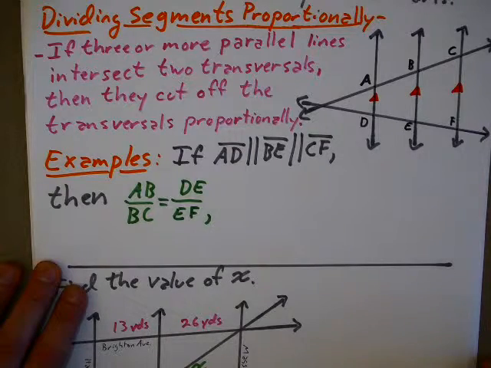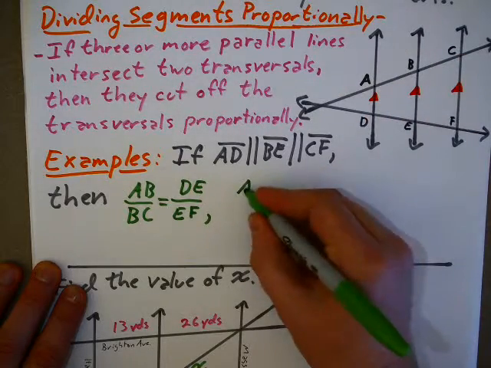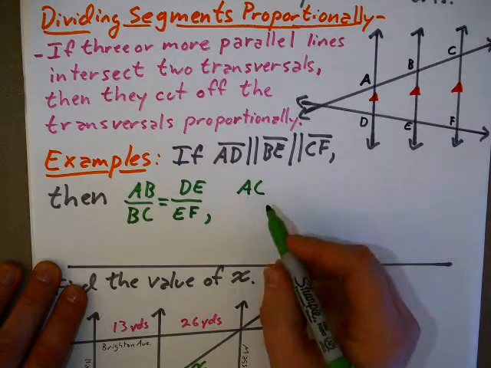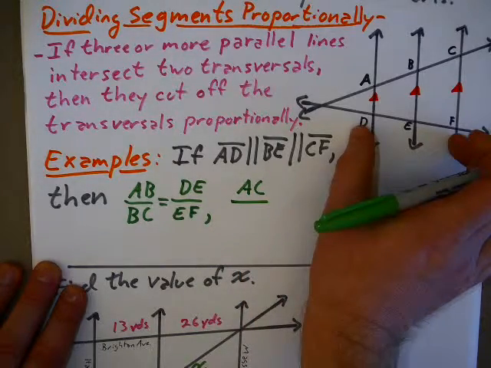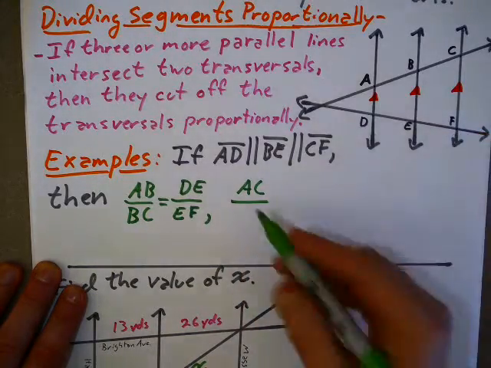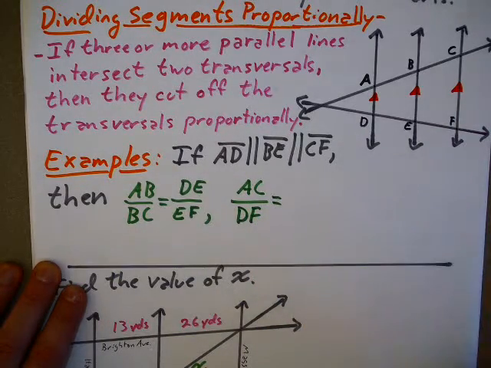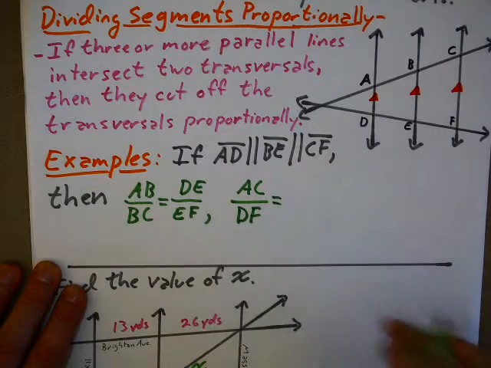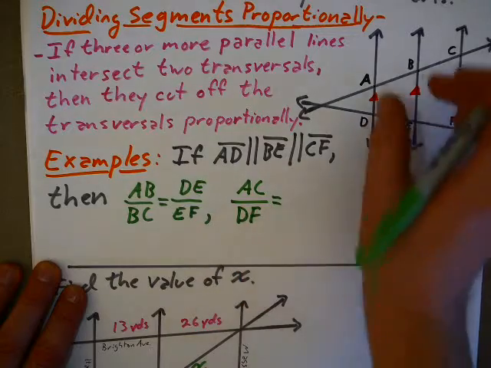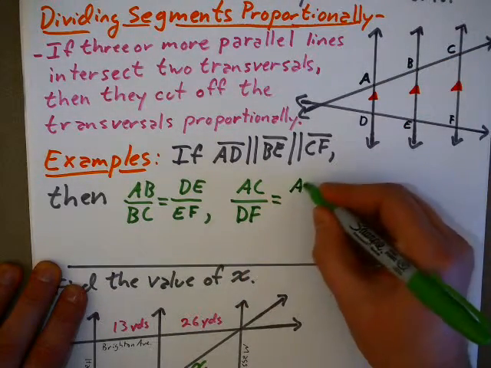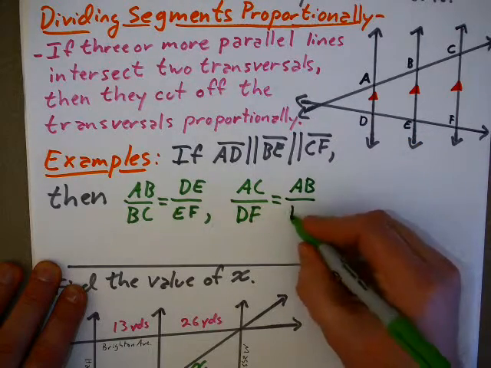The next proportion is if we take the entire segment from A to C and we put that over this entire segment from D to F. We're going to use that proportion again in a second, but that's going to give us the proportion of this segment AB over, you might have guessed already, DE.